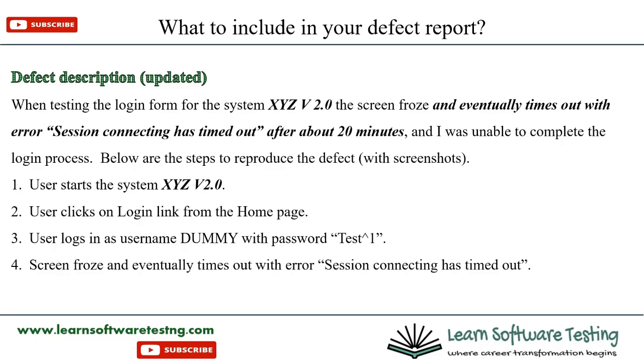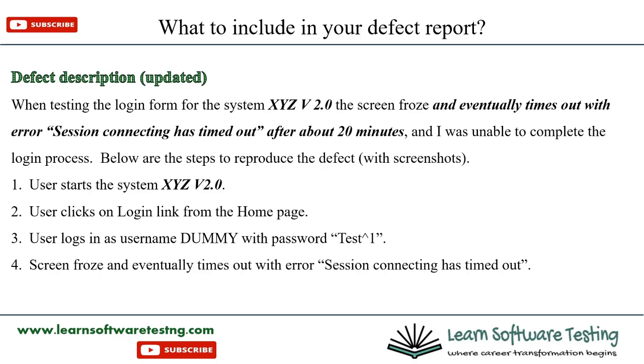The description states when testing the login form for the system XYZ, so that's the system ID or system name, which is important, the screen froze and eventually timed out with the error, session connection has timed out, after about 20 minutes. So we have the error there, and a time indication of when it occurred. And it reads on, I was unable to complete the login process.